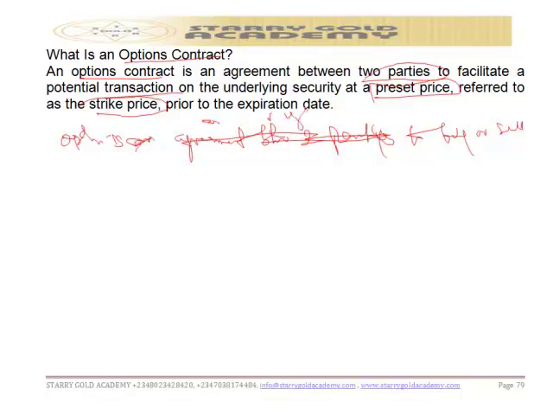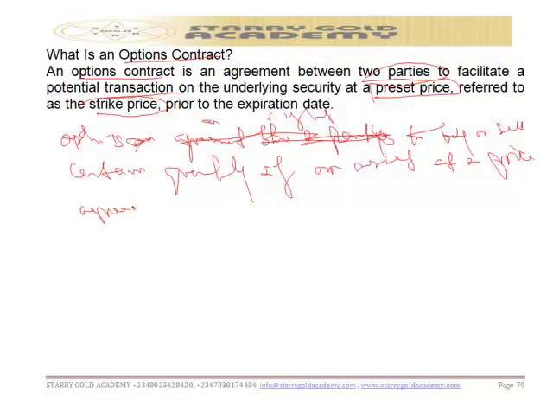Option is a right to buy or sell a certain quantity of an asset at a price agreed now, and that price agreed now is what we call preset price or strike price, within a specified period of time.